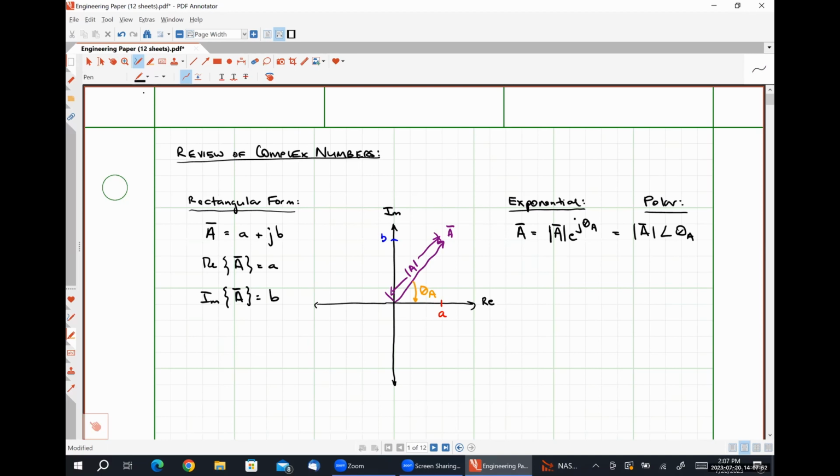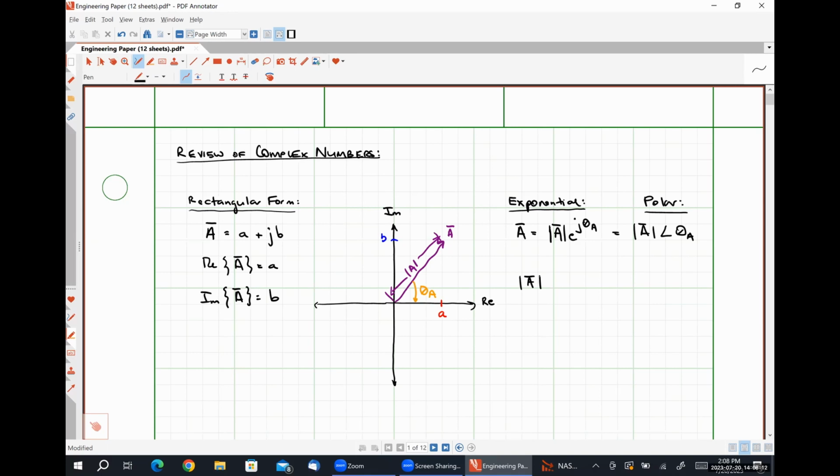Let's first work on how we might convert a rectangular form complex number into an exponential form complex number. The first thing we need to do is figure out how the magnitude is related to our real and imaginary parts a and b.